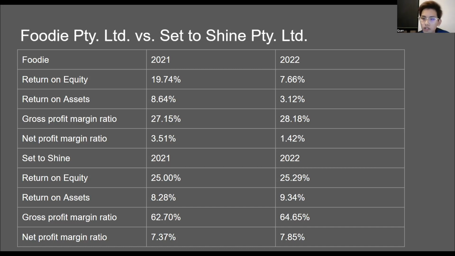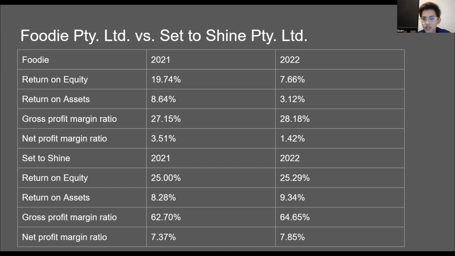Foodies' profitability metrics show a decline in 2022 compared to 2021. The drop in return on equity and return on assets indicates decreased profitability and lower return on shareholders' equity and assets.